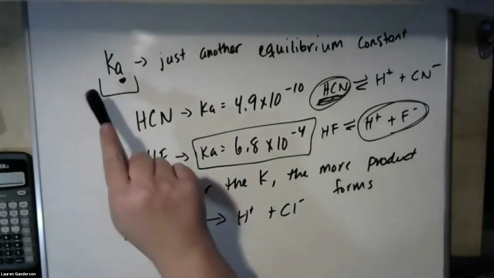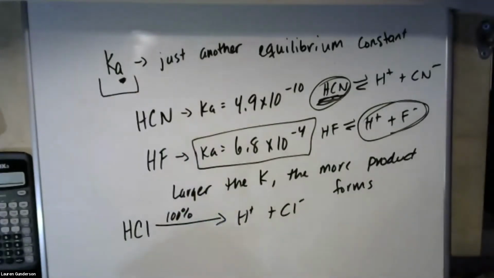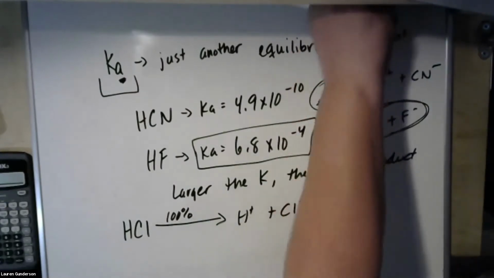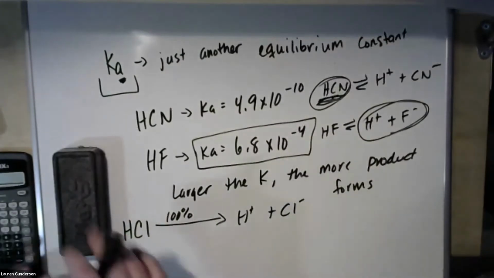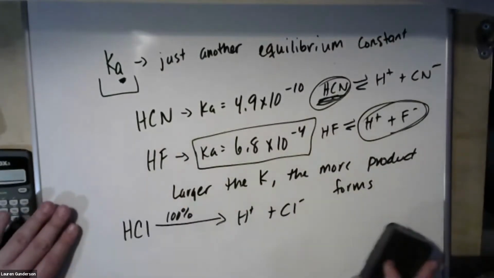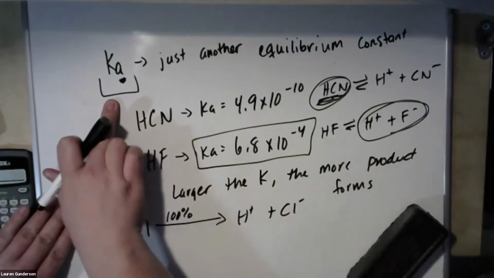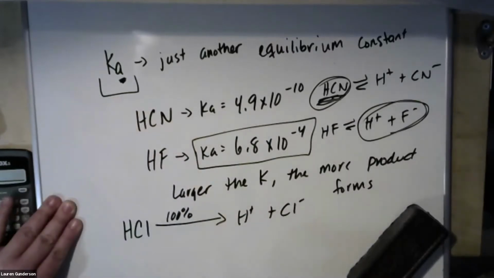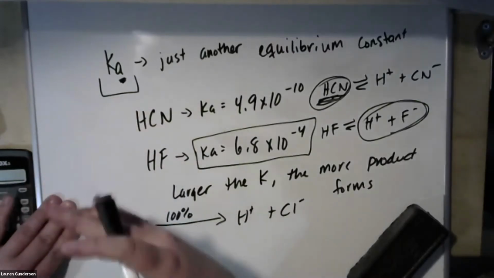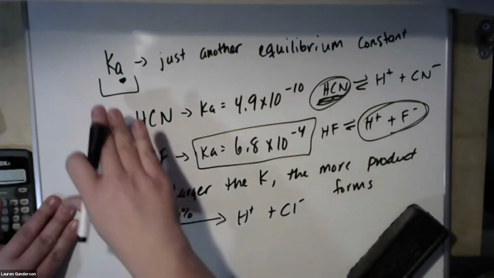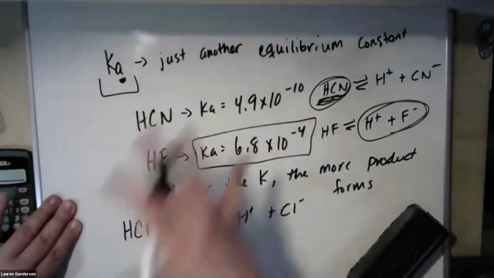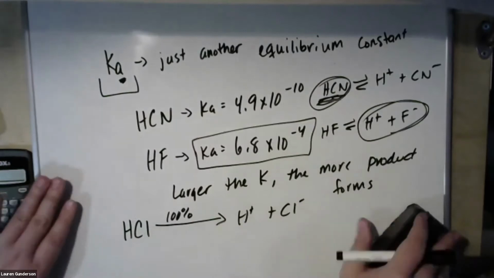It's also important to keep in mind that when we're looking at these Ka values and Kb values, the formula for them is the same as your equilibrium constant formula from the last chapter. When we have a Ka value and we're trying to set up an equation to solve for a missing variable, your Ka is still going to be your products over the reactants raised to the coefficients.